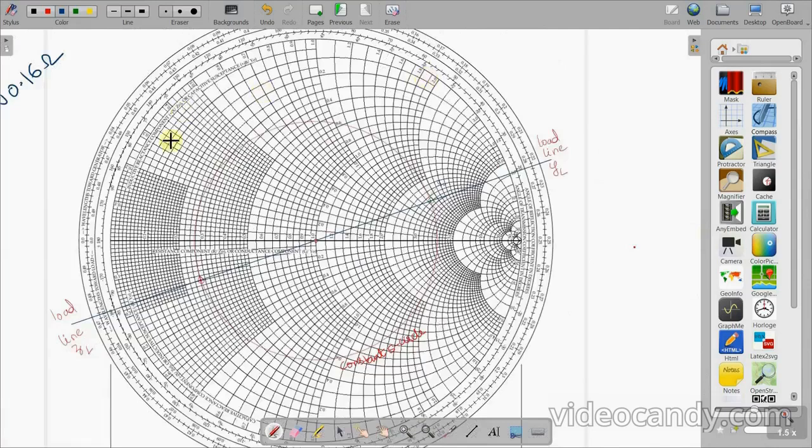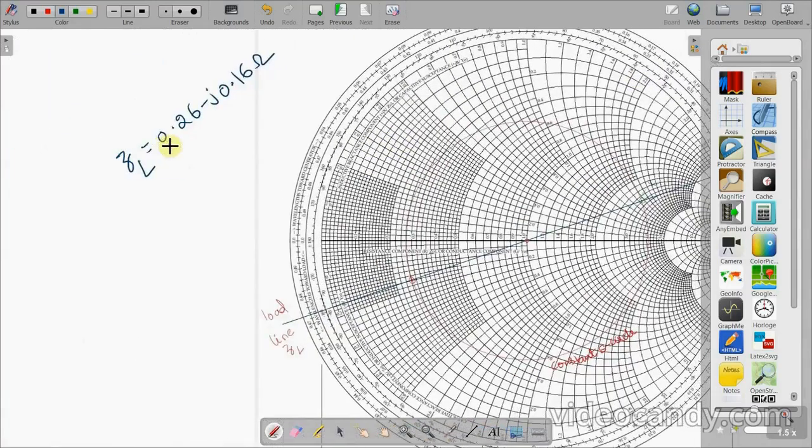So I am writing here the load admittance is 2.8 plus j1.7.